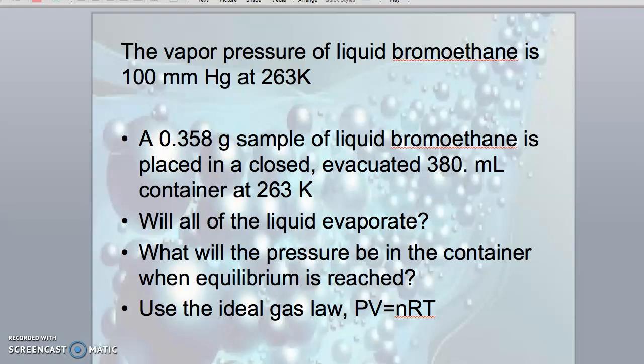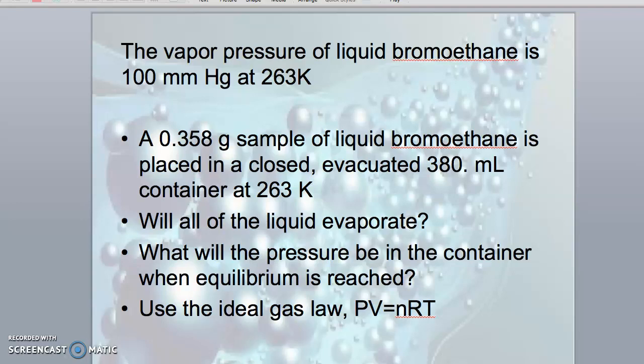So if we have some liquid in a container, the vapor pressure above that liquid is going to be 100 millimeters mercury as long as we're at 263 Kelvin. It doesn't matter how big the container is, how much surface area, how much head space. If we have liquid bromoethane in any sealed container, the pressure can only be 100 millimeters mercury.